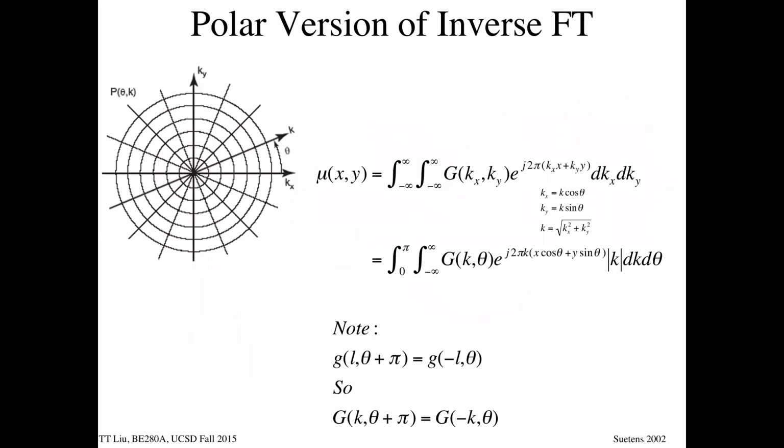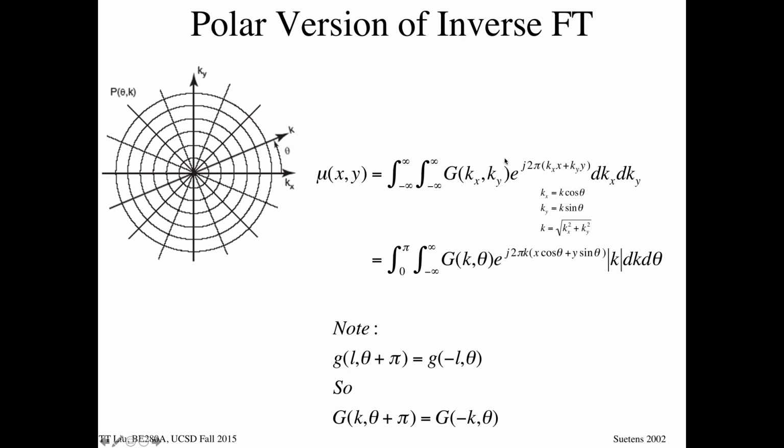So let's take a look at this polar version of the inverse Fourier transform. Here we have our object, which is the thing we're trying to create through our inversion of our raw data.